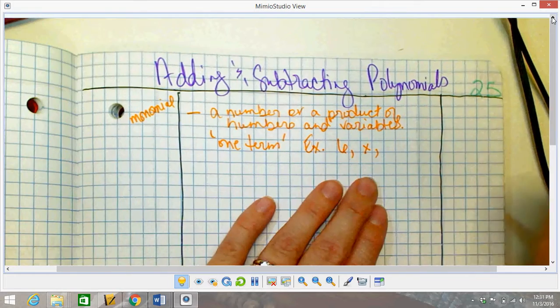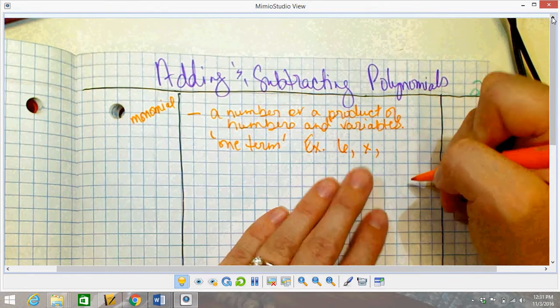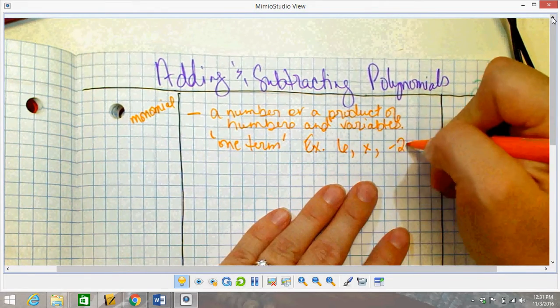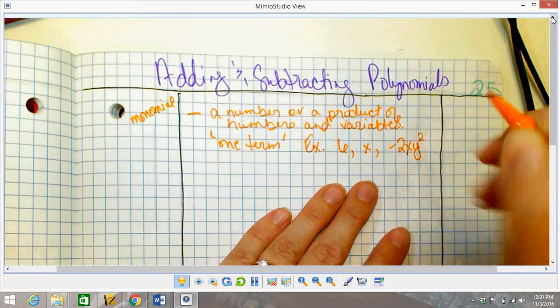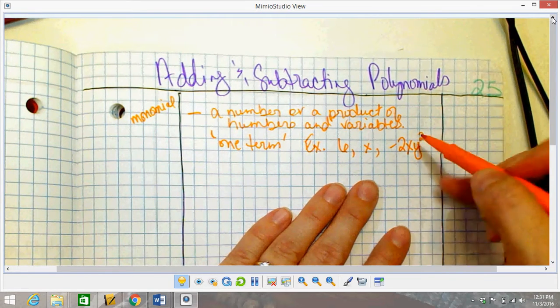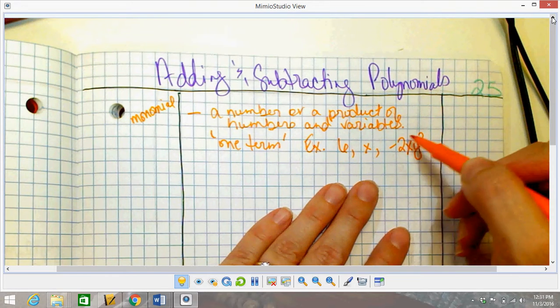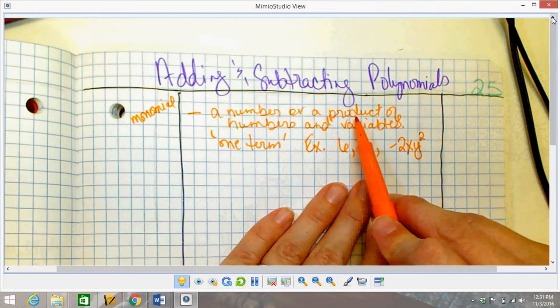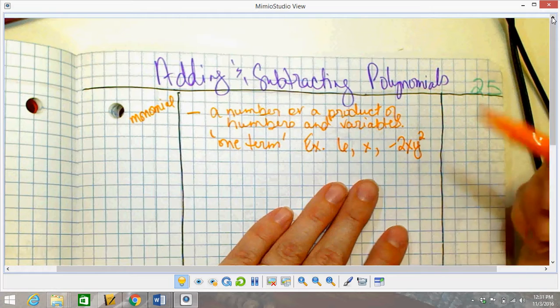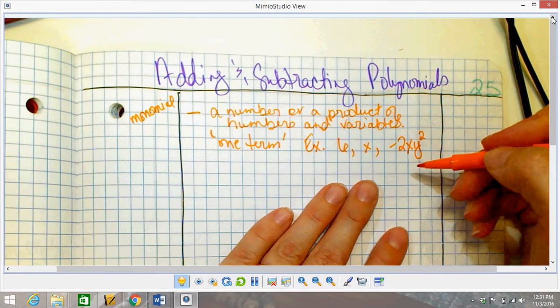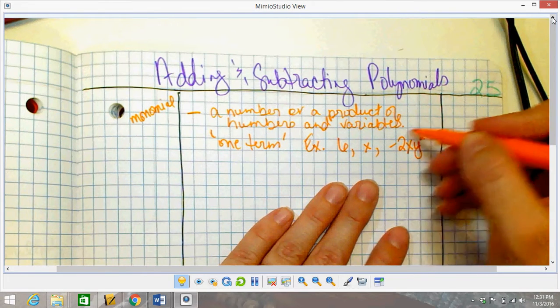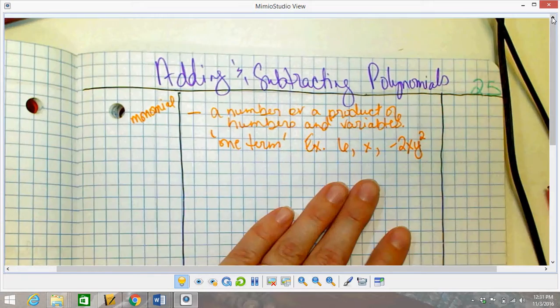Or it could be something more complex like negative 2xy squared. So this has a lot of pieces, but the thing I notice is all of the pieces are being multiplied. It's a product. So this is one term or a monomial.